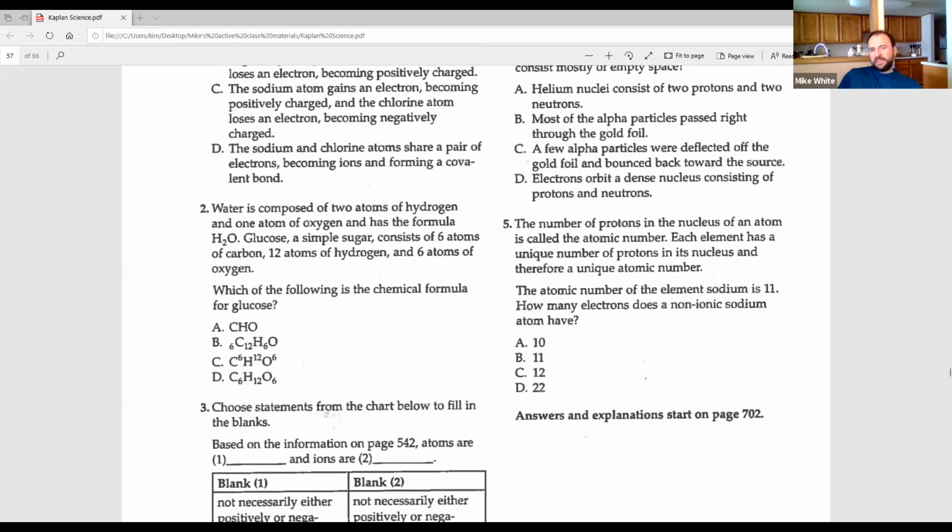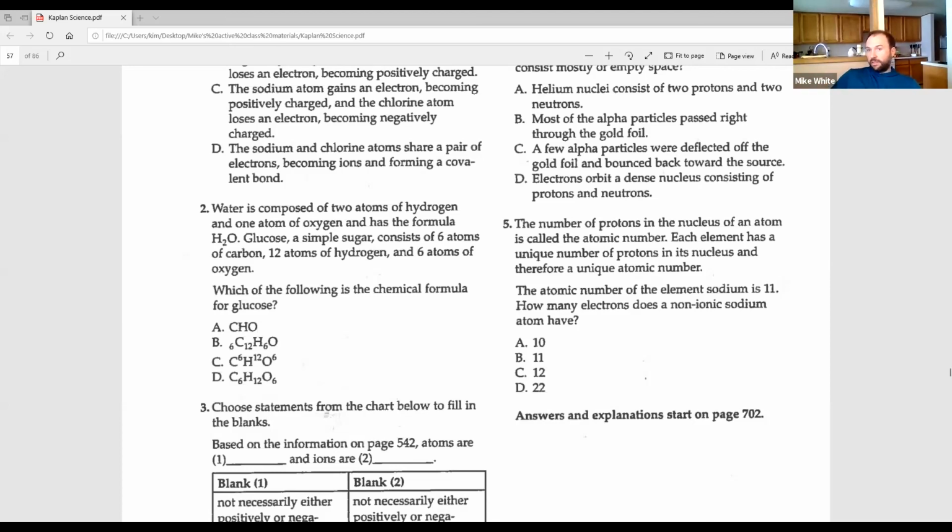So number 5 says the number of protons in the nucleus of an atom is called the atomic number. Each element has a unique number of protons in its nucleus, therefore a unique atomic number. Just as a side note, tomorrow we will look at the periodic table and try to break down what's on the table a little bit better and in more detail than I wanted to show it to you briefly today.